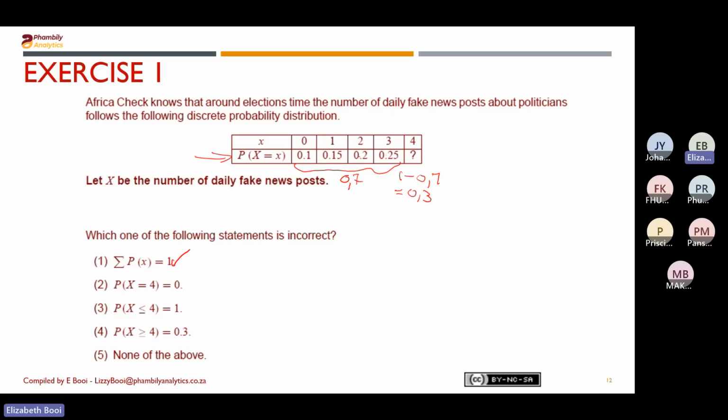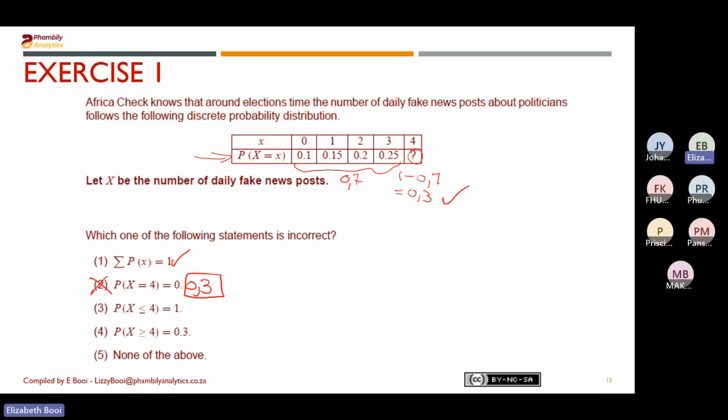You just calculated it. That should be easy and straightforward. It's 0.3. The probability that X is equal to 4 is this question mark, which is 0.3. Therefore, this is the incorrect answer.